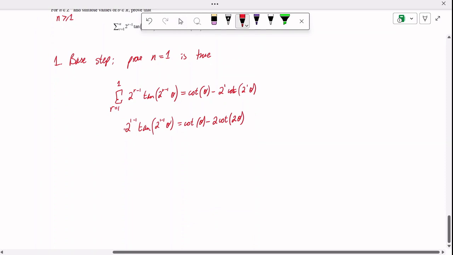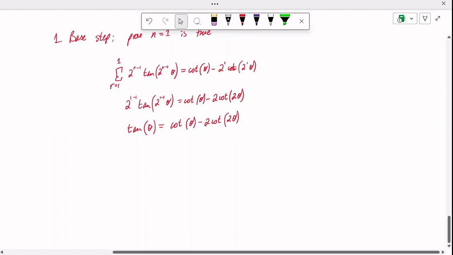Alright. 2 to the 1 take 1 is just going to be 2 to the 0, so that'll be tan of 2 to the 0 theta. 2 to the 0 gives me 1, so tan theta equals cot theta minus 2 cot of 2 theta.